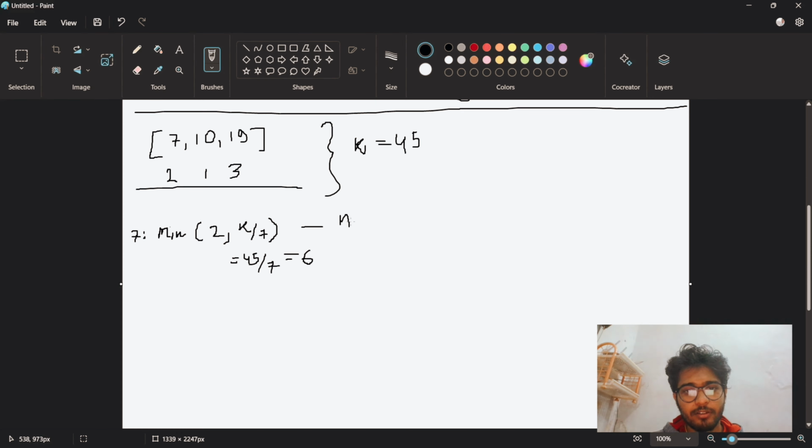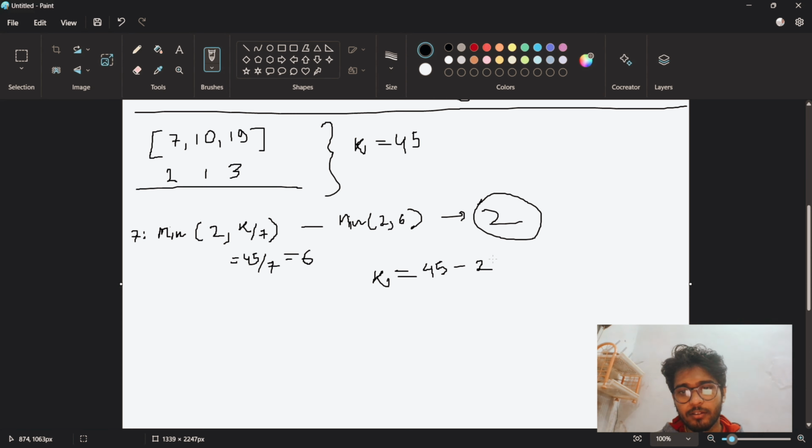So the minimum between the two is 2. So the customer can buy both the available stocks on the second day. Now we will update our balance amount. We will subtract the total number of stocks we bought times the price of each stock, so we will get 31.